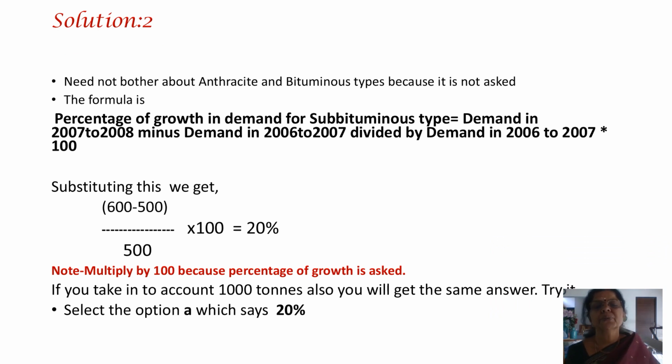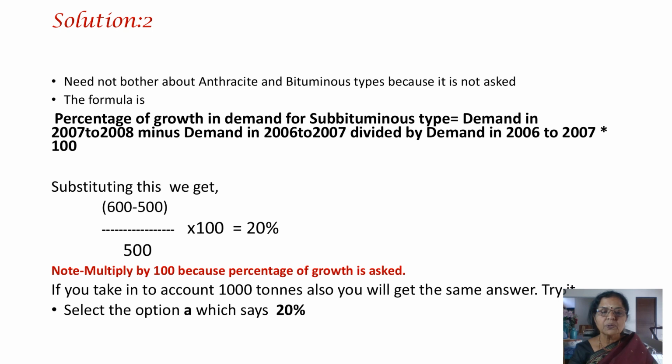So that is all to it. For this question, don't look into anthracite and bituminous type, only look into subbituminous type. And what is the formula you are going to use? The percentage of growth in demand for subbituminous type is equal to demand in 2007-8 minus demand in 2006 to 7, divided by demand in 2006 to 7, multiplied by 100, because percentage is asked.